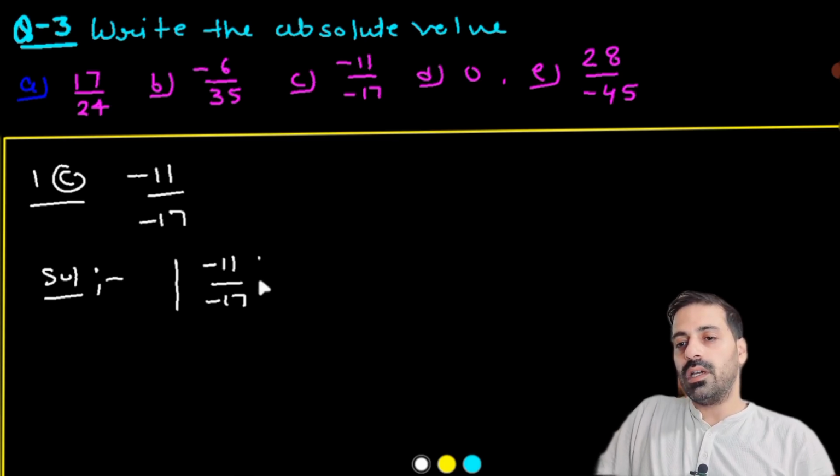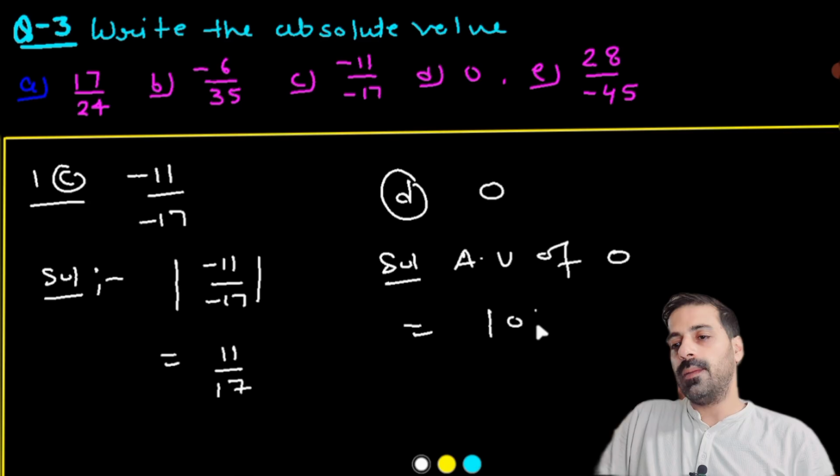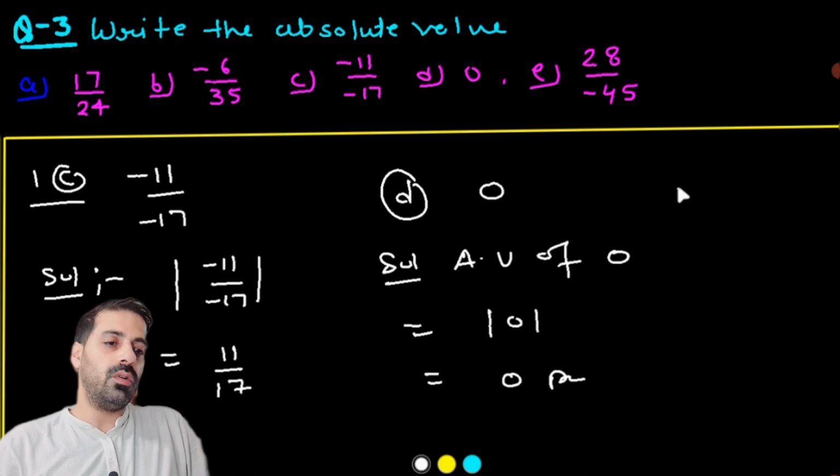If I take the absolute value of negative 11 upon negative 17, it is always positive 11 upon 17. Now the D part, 0. Now I write the absolute value of 0. For that I take the mode of 0, and that will be 0.